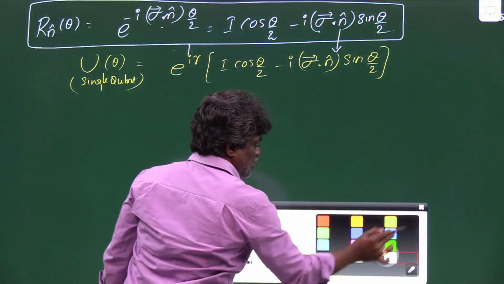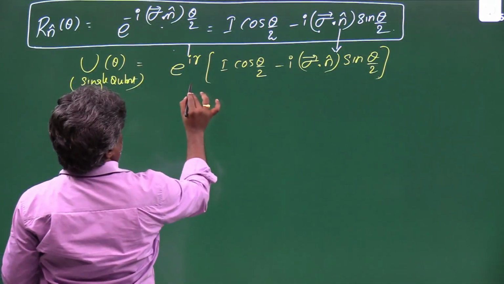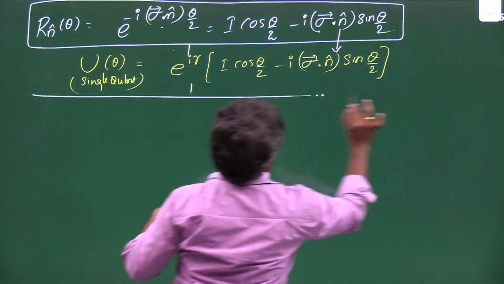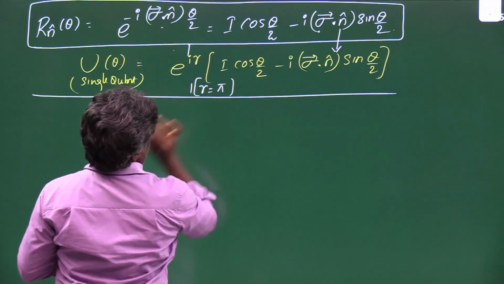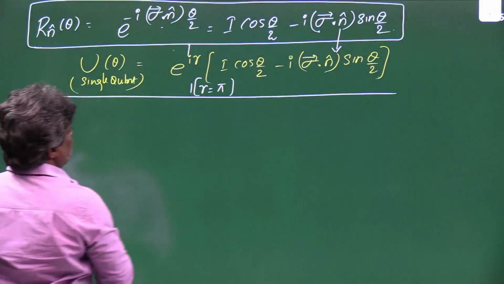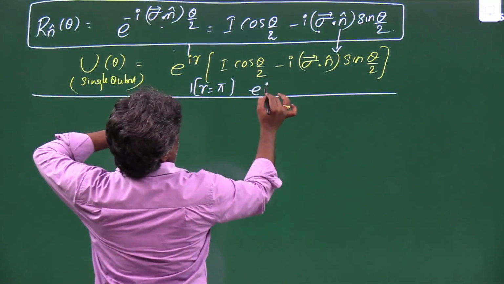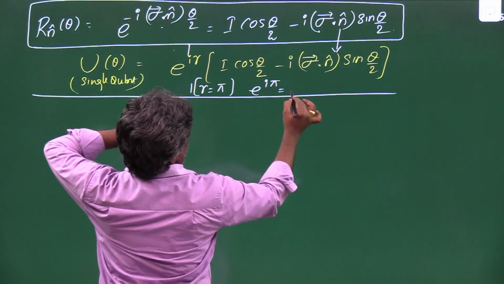Now if you want to get the quantum gates, we have to take these options. First, gamma should be pi. Then what is e raised to i pi? E raised to i pi is minus iota.